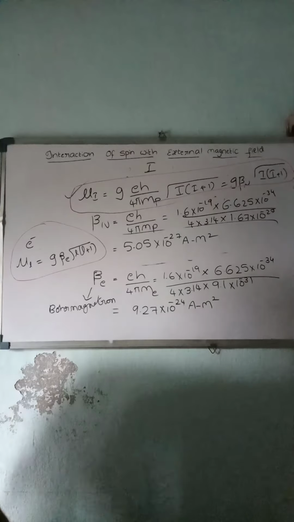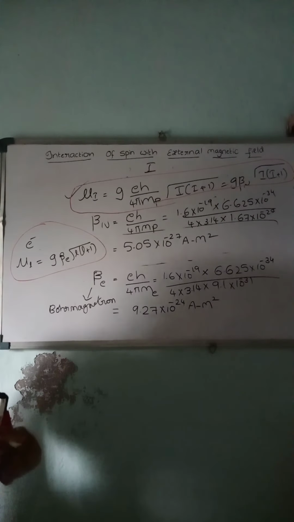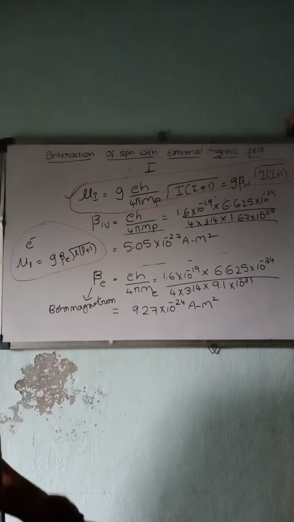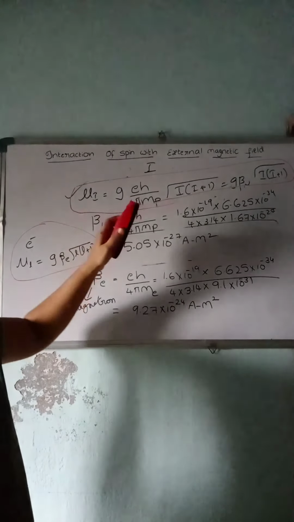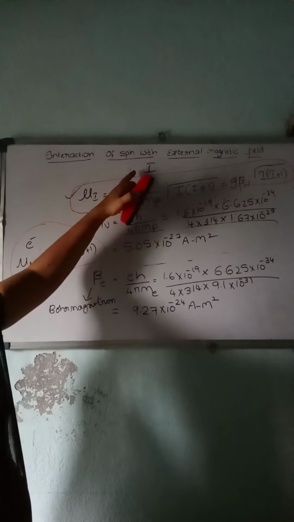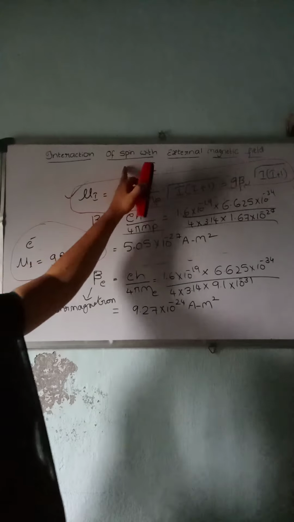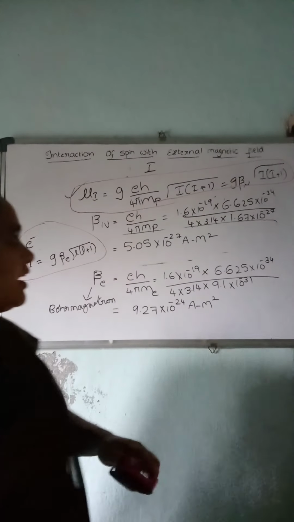So these are the magnetic dipole moments associated with the electron and the nucleus. Let us see how these magnetic dipole moments interact with external magnetic fields.